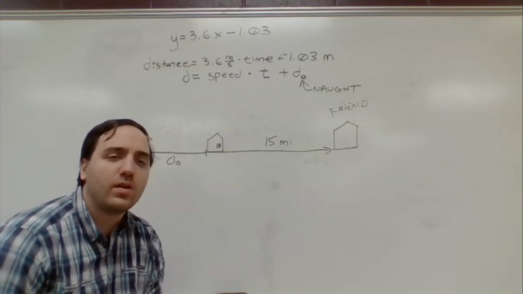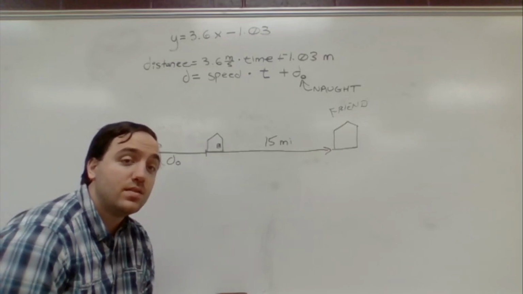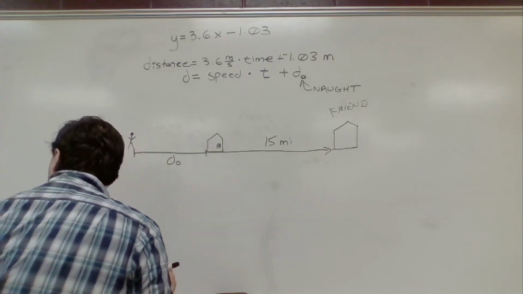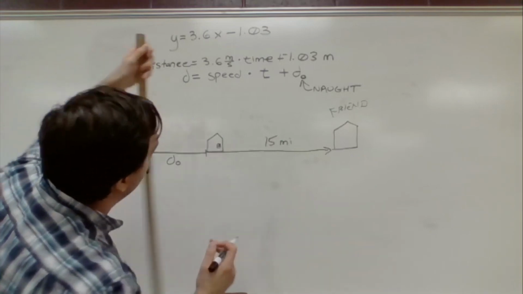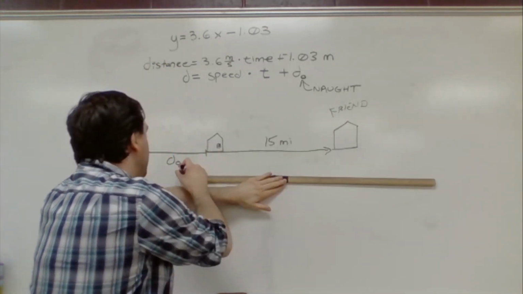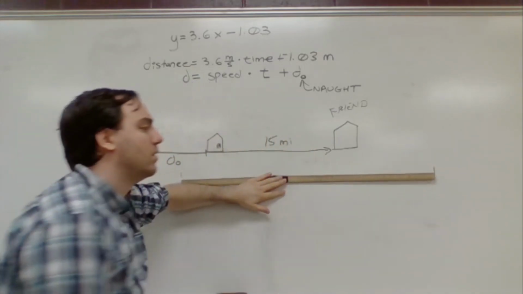A secondary way to think about this. Negative distance just means you're behind your starting point. If I take a meter stick or a ruler and put it on the board, this is 0, this is 1.